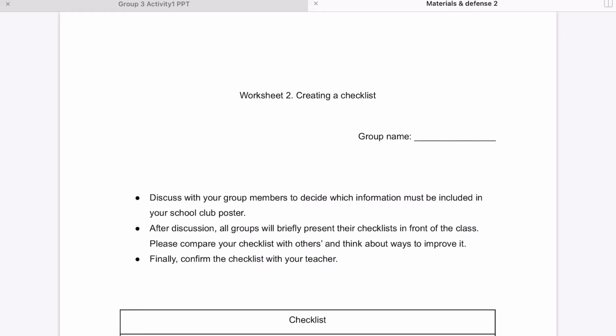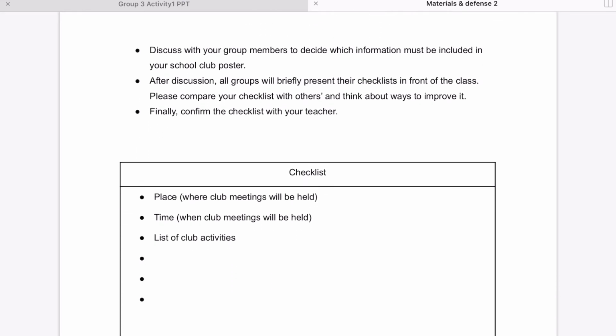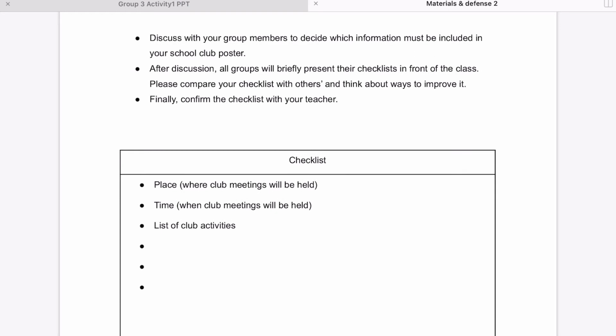First, I'll give you 5 minutes to talk about some elements that you can fill in with your group members. If you take a look at it, I already put some examples in it, like place where club meetings will be held, time when club meetings will be held. What else can be included? Discuss with your group members. I'll give you 5 minutes.